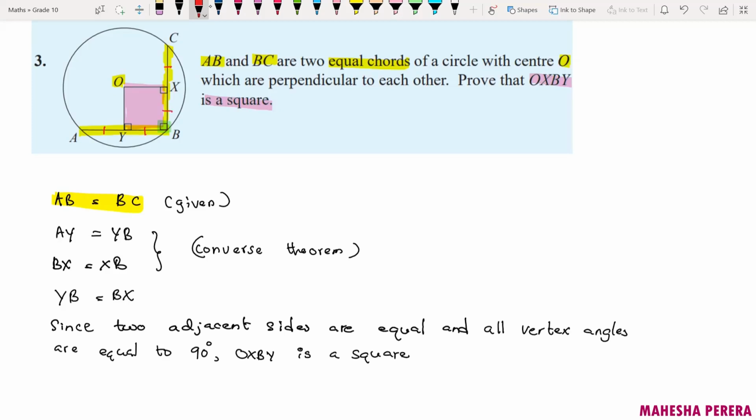And also, since AB equals BC, all these lengths are equal. So using the converse theorem, we can write AY equals YB, BX equals, sorry, it should be XC.